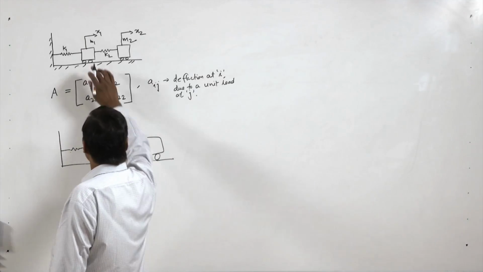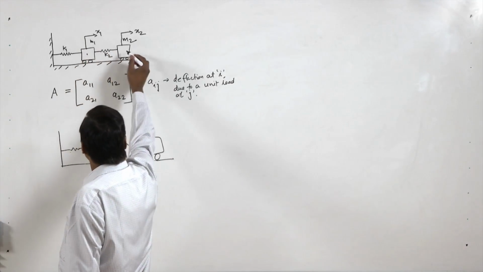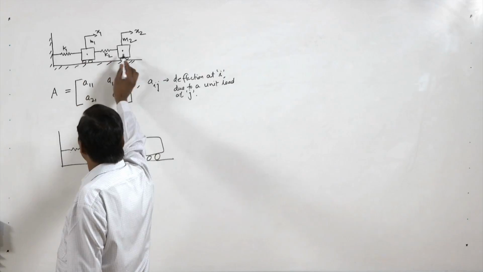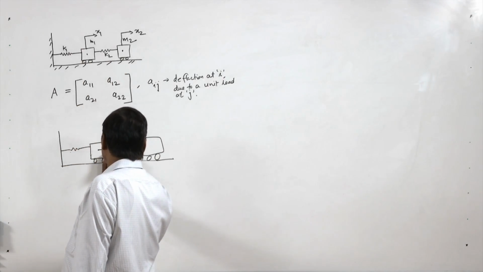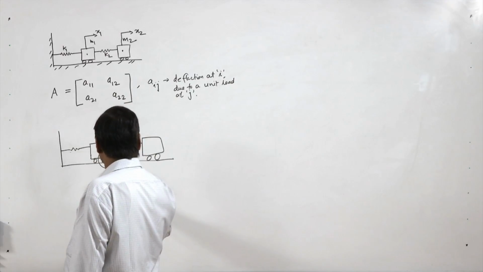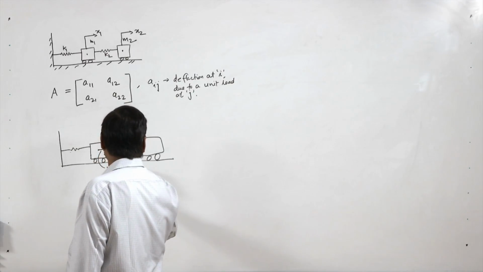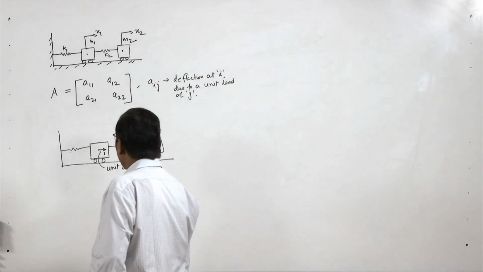So if I apply here, this is 1 and this is 2, so this is the first mass. I apply a unit load here like this. So this is the unit load.